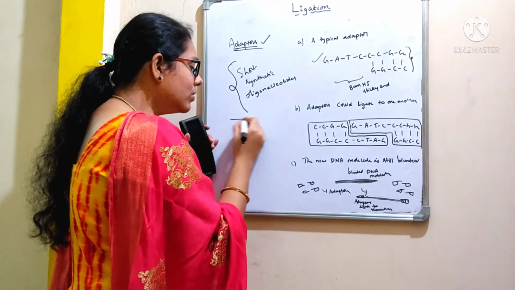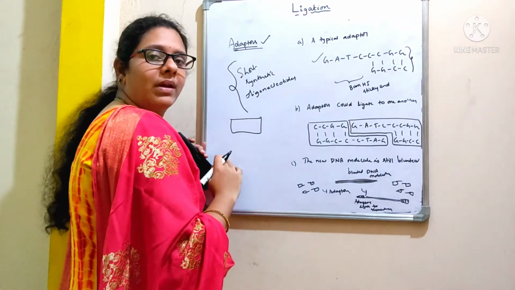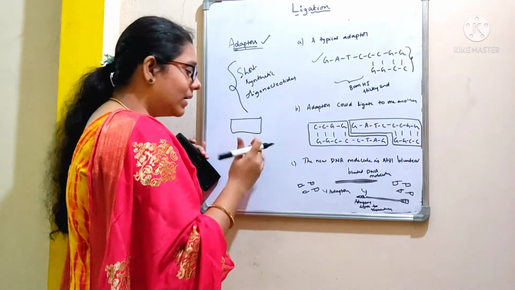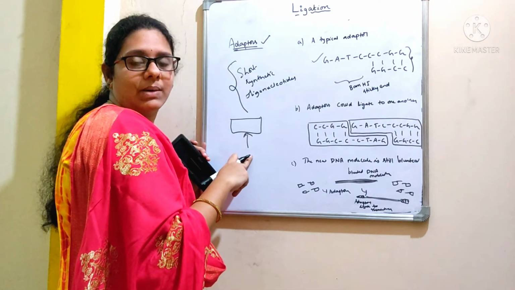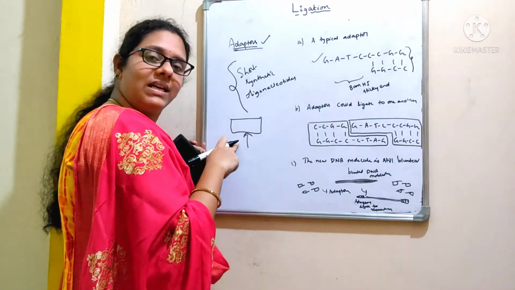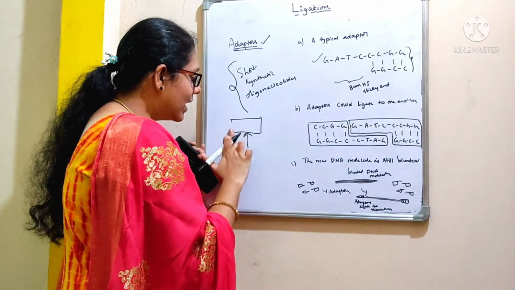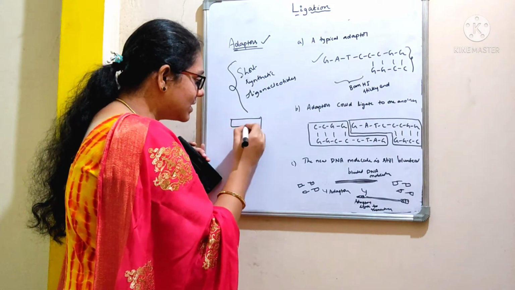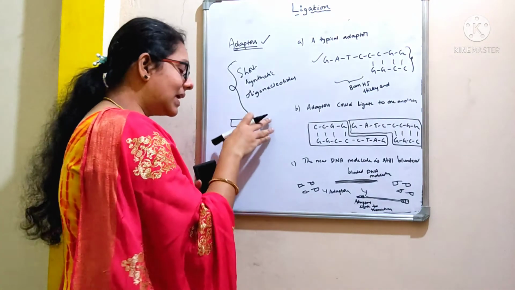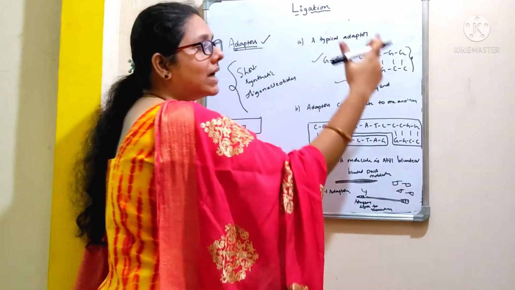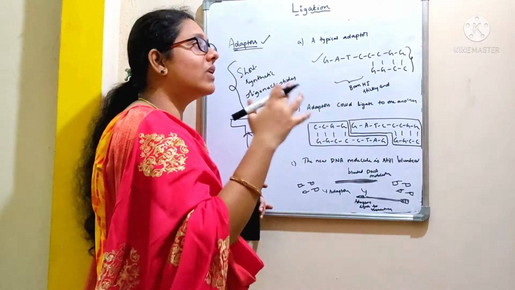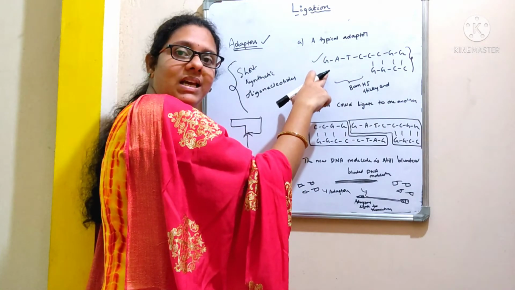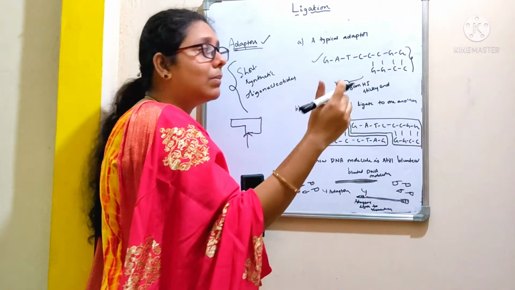If you look into the structure of a linker, though they look to be blunt ended, they will carry a recognition sequence for the restriction enzyme, right? When we digest this linker with a restriction enzyme, it is going to produce a sticky end, right? But unlike these linkers, these adapters will carry a sticky end at one end.